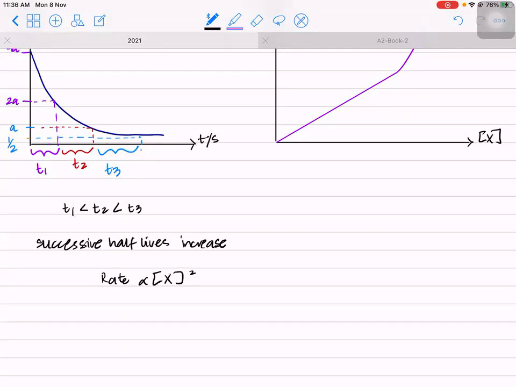If successive half-lives were decreasing, it means it is 0 order. If successive half-lives were the same, it means it is first order. And if successive half-lives increase, that means it is second order.